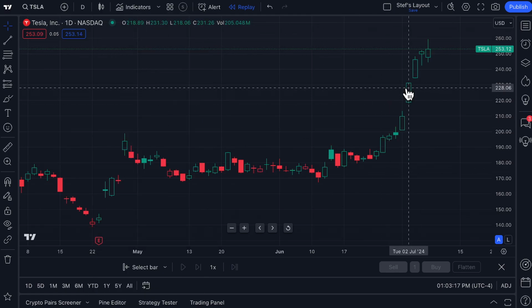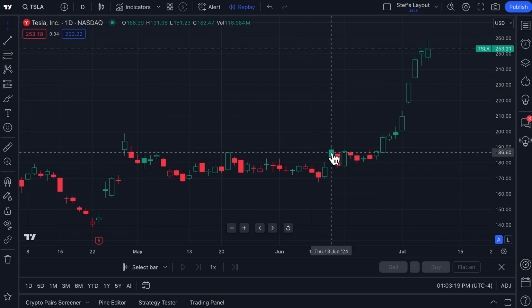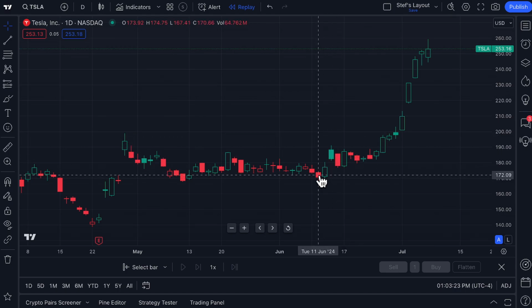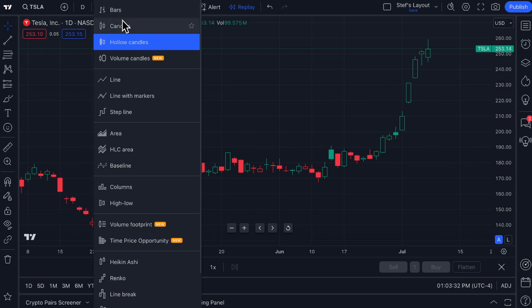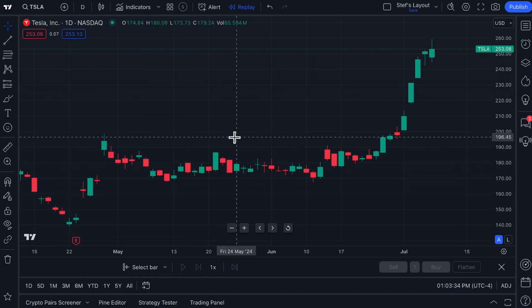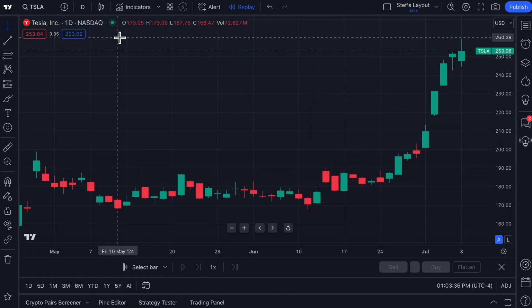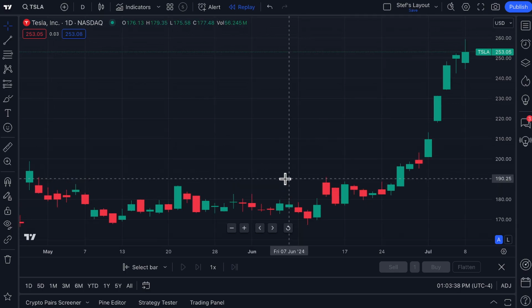So now you understand hollow green candles, you understand filled in green candles, you understand red filled in candles, and you understand hollow red candles. And what is a rather interesting exercise to embark on is just to go back and forth between candlestick charts and hollow candlestick charts.